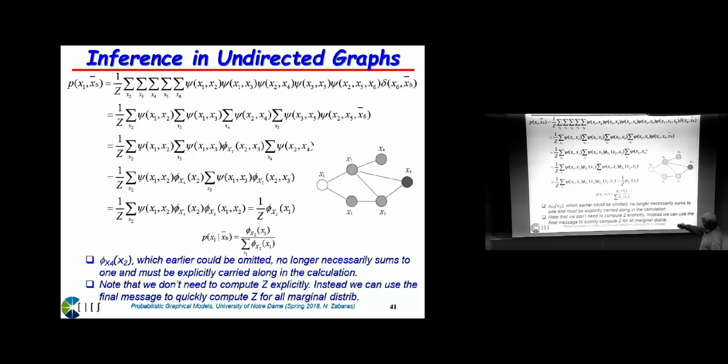But eventually when you do the algebra, all right, and you compute this joint, and you want this conditional, you don't really need Z because once you get this potential, this is basically the conditional distribution. Anyway, what we're going to do is see this in action, and then we're going to merge the two algorithms and give you a graph theoretic approach with elimination of cliques that will do the elimination algorithm.